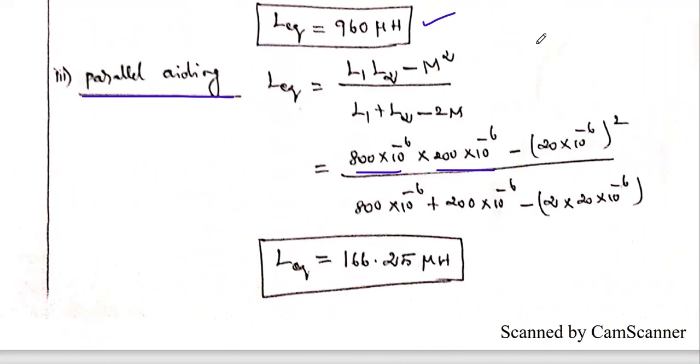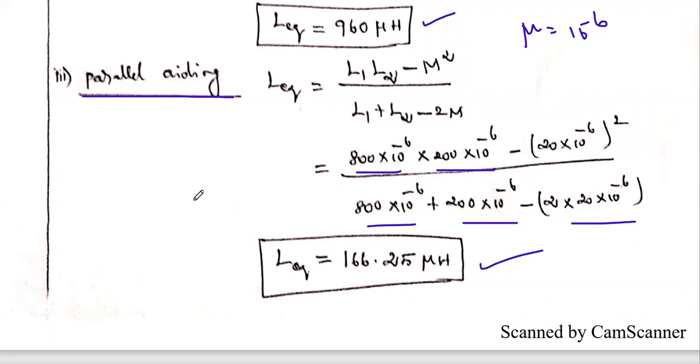The unit is important; you have to substitute micro. Microhenry is nothing but 10 to the power minus 6. If it is milli, it means 10 to the power minus 3. This is divided by L1 plus L2 minus 2 into M. You just calculate, and we may get the answer as 166.25 microhenry. So this is for the parallel aiding.